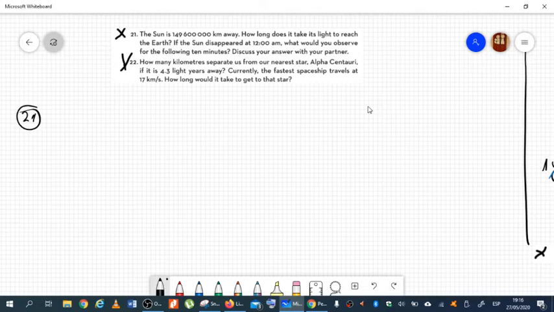The sun, it says, I don't like this format for the numbers. I prefer using scientific notation because this number is very difficult to use. It is much better to use scientific notation.